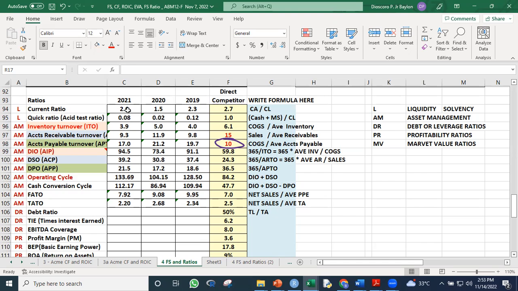It's not because the current ratio is 2.6 that we will say that the company is able to pay off its current obligations as they fall due. You have to look more at the nature of the assets, because current ratio involves your cash, your short-term investments, your receivables, your inventories, and your prepayments.